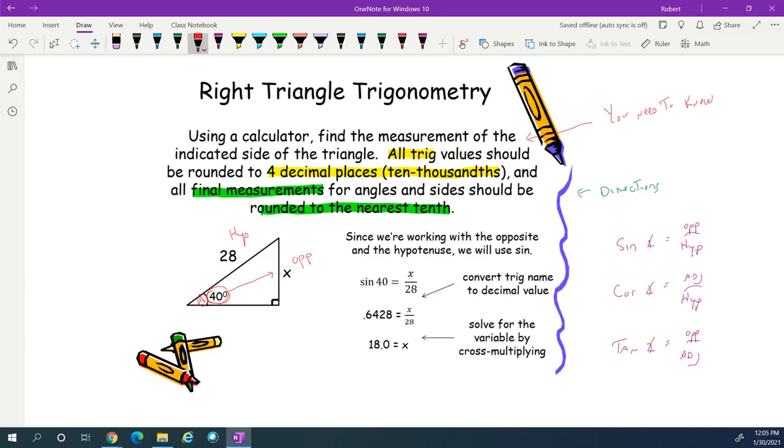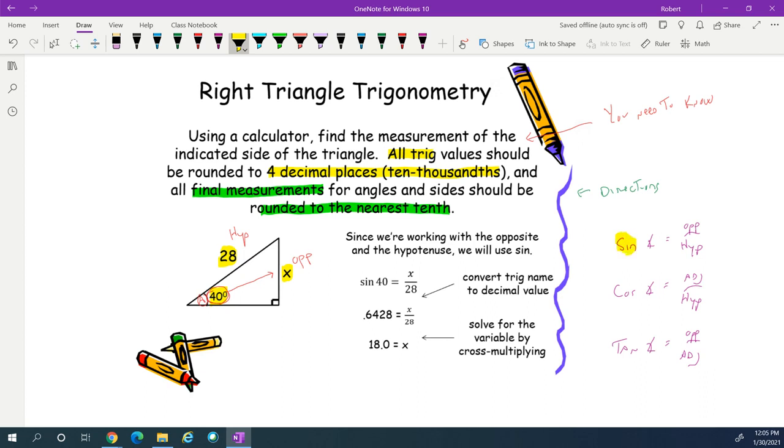This is what I'm saying. If we can identify the parts that we're going to use, then we can pick the formula. We are using the angle, obviously. We're given the hypotenuse, so if we're given it, we're going to use it. And we're looking for the opposite. There's only one formula that uses the opposite and the hypotenuse together.